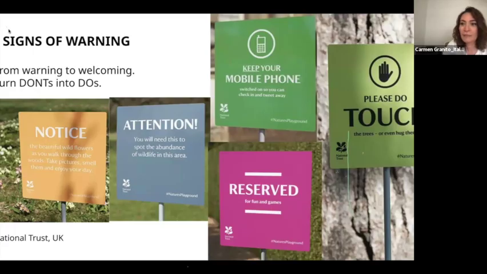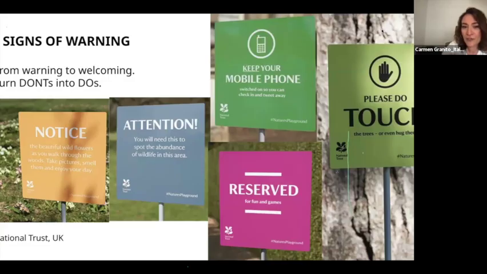For example, please do touch the trees or even hug them. Reserved for fun and games. Attention, you will need this to spot the abundance of wildlife in this area. Or notice, which would normally be a notice sign, it's actually an invitation. Notice the beautiful wildflowers as you walk through the woods. Take pictures, smell them, and enjoy your day.